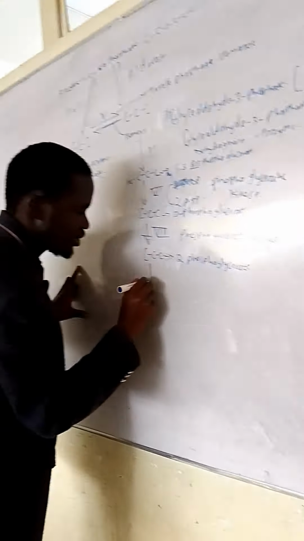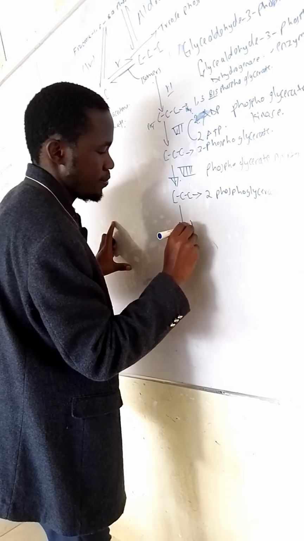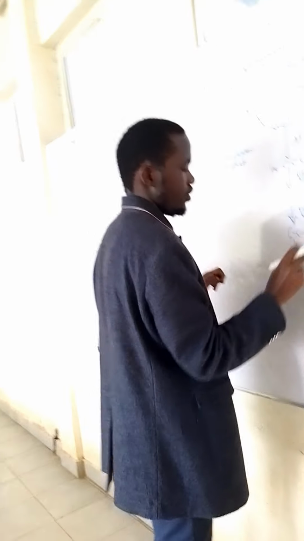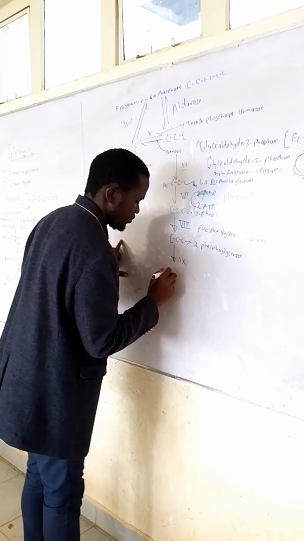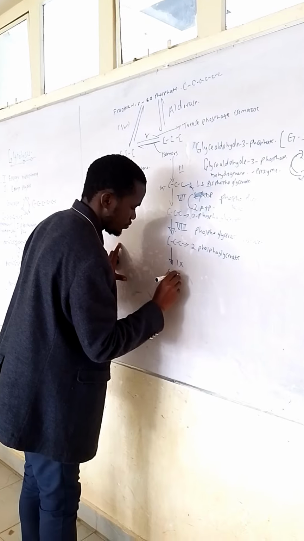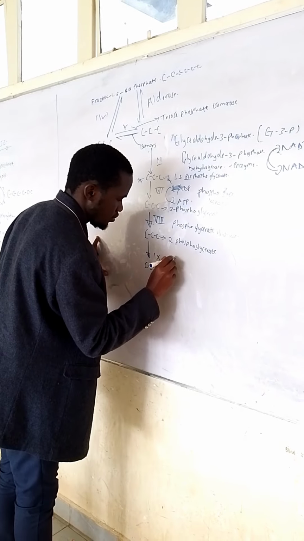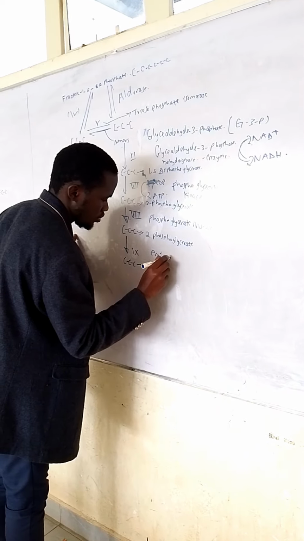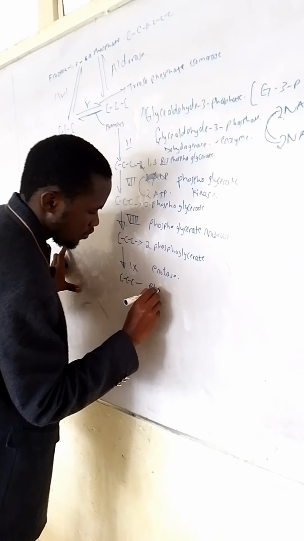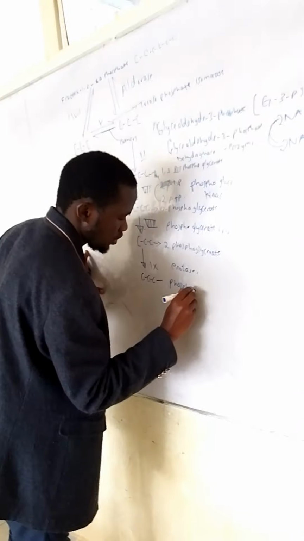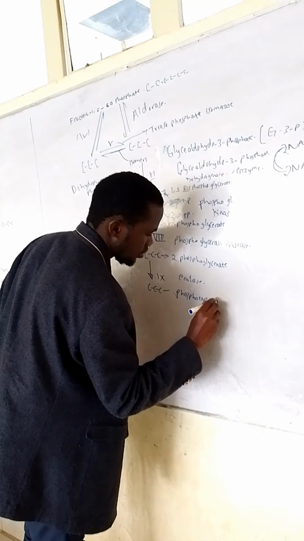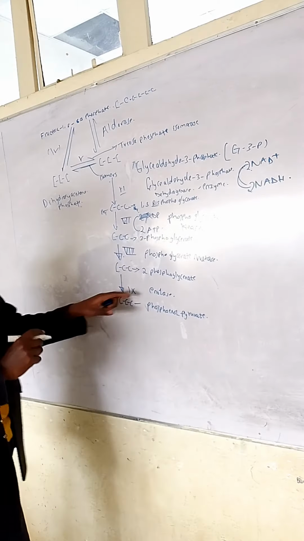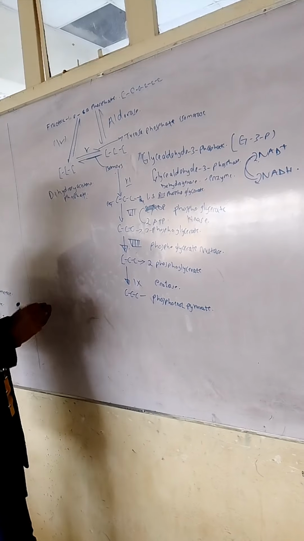So the next step, an enol is added to give phosphoenolpyruvate. And the enzyme that facilitates this process is called enolase.